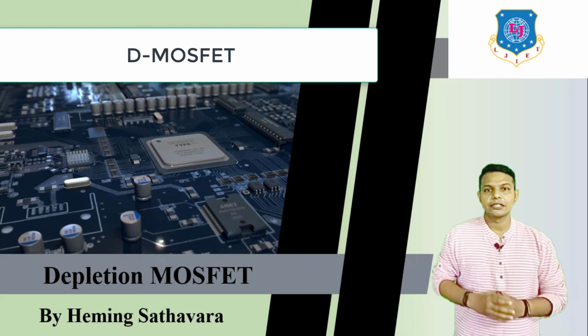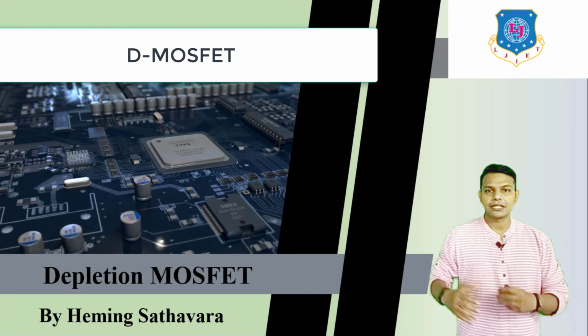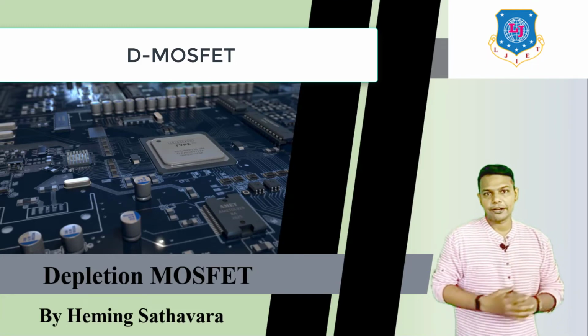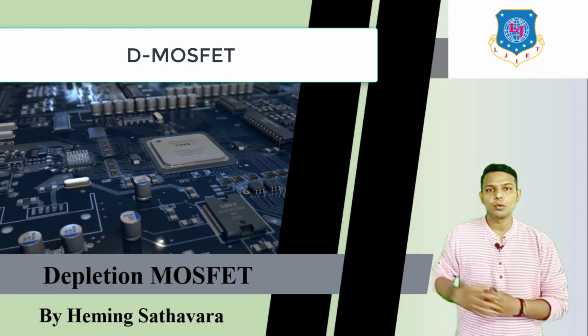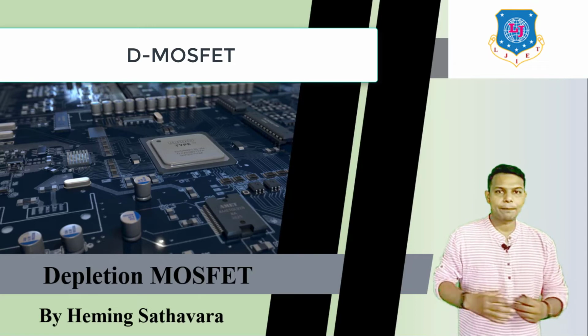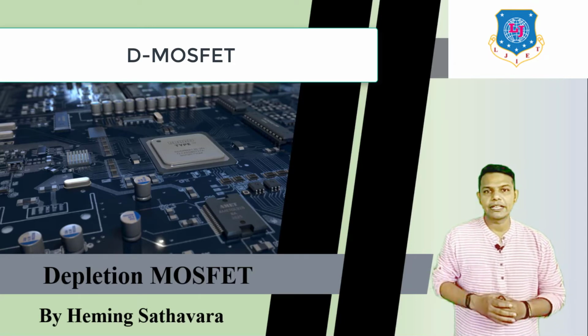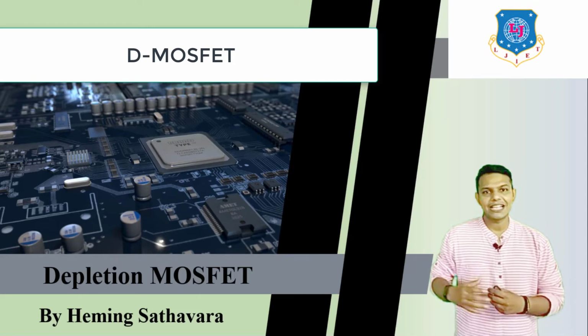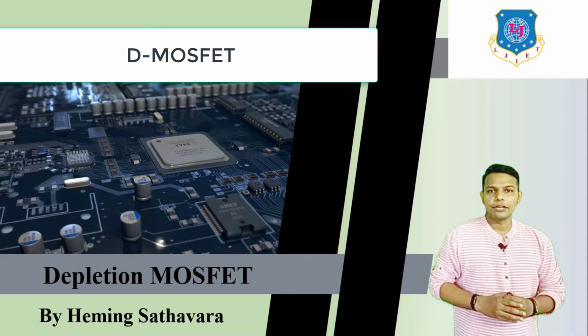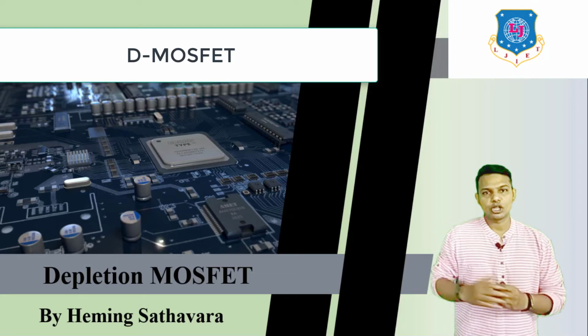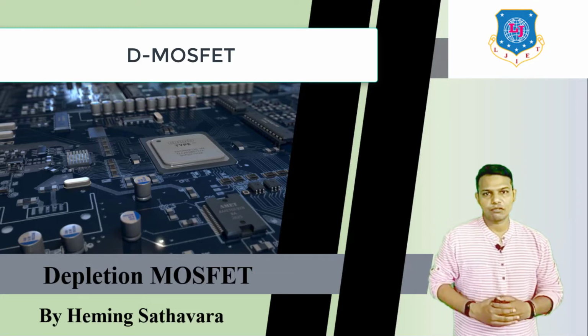In this topic we are going to discuss MOSFET. MOSFETs are divided into two parts. The first one is depletion MOSFET and the second one is E-MOSFET, or enhancement MOSFET. Today we are going to discuss D-MOSFET, that means depletion MOSFET.